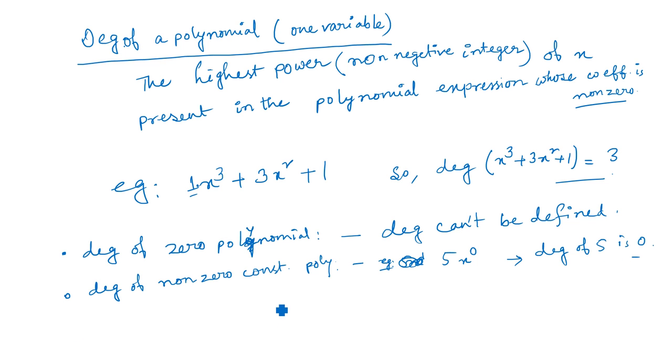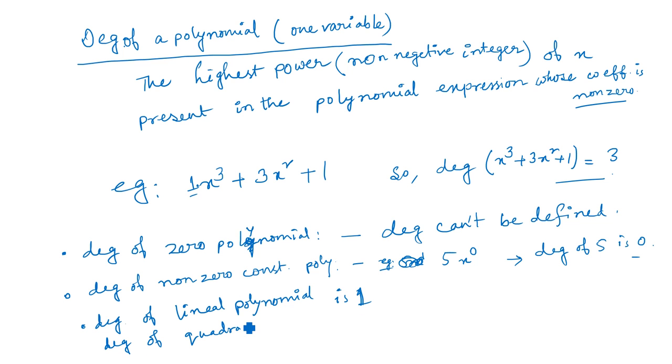And we have specifically said that the degree of a linear polynomial is 1, the degree of a quadratic polynomial is 2, the degree of a cubic polynomial is 3, and so on.